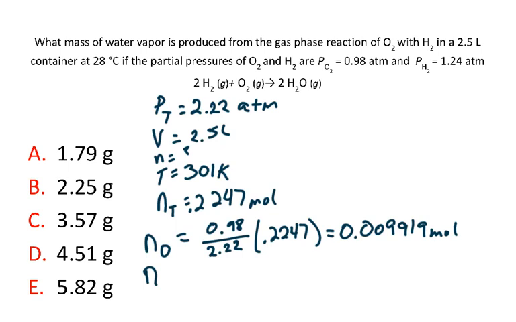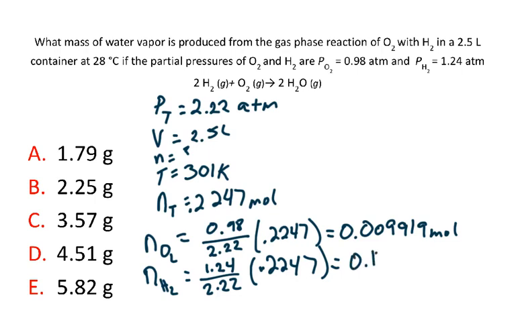And my number of moles of hydrogen is going to be 1.24 divided by 2.22 times 0.2247 gets me 0.1255 moles of hydrogen. All right, and I have one too many zeros in here. It's just 0.09919. So there I have my moles.